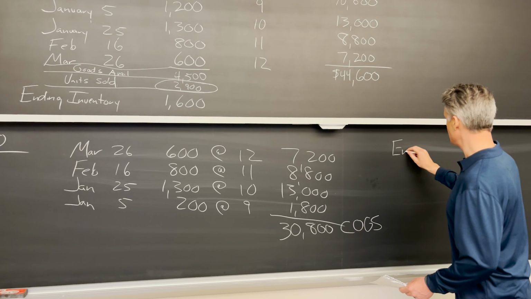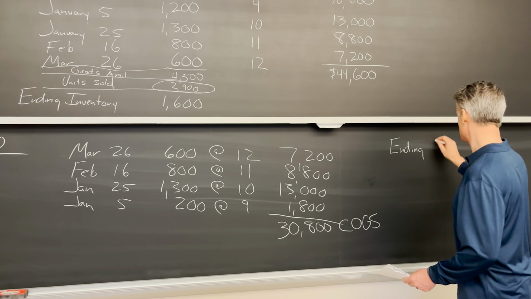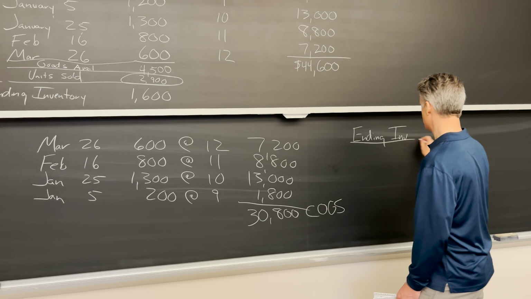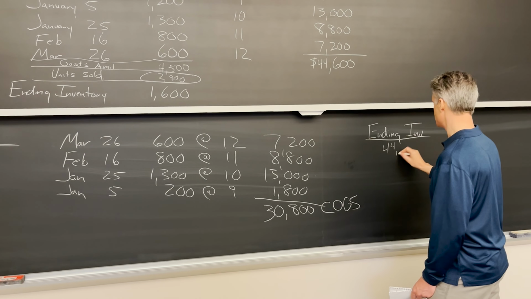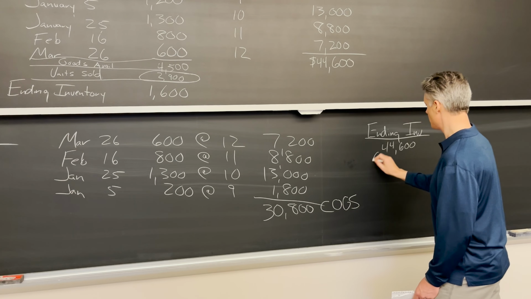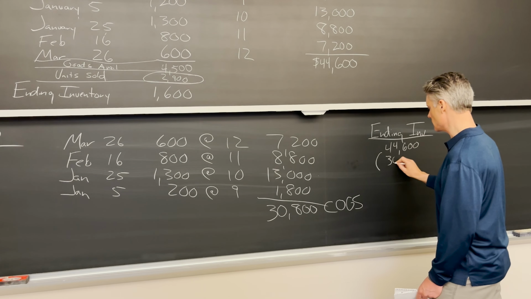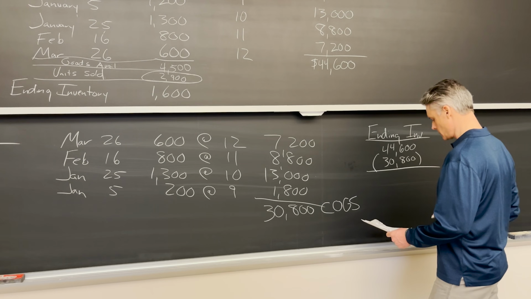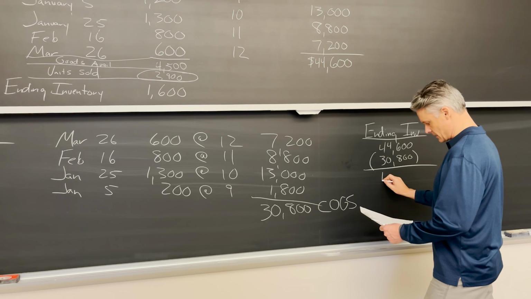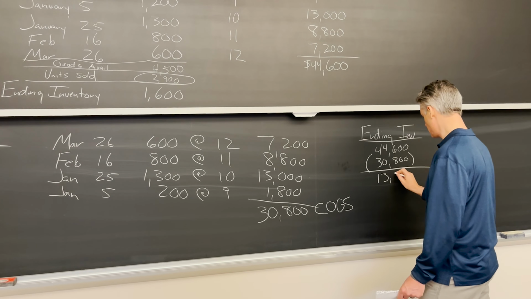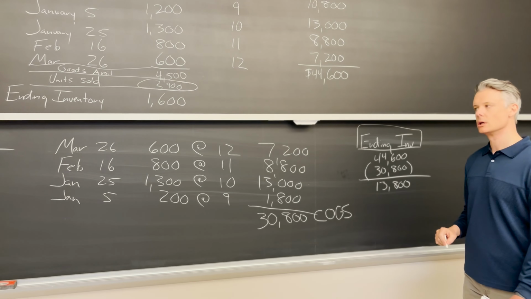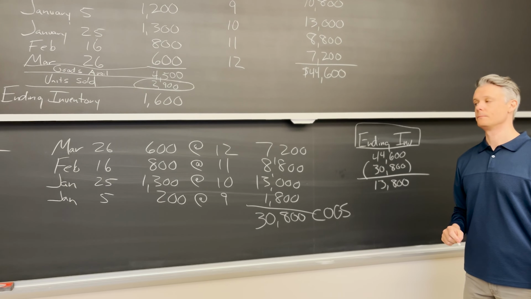So ending inventory under LIFO will be our goods available for sale minus our cost of goods sold to arrive at $13,800 ending inventory under LIFO.